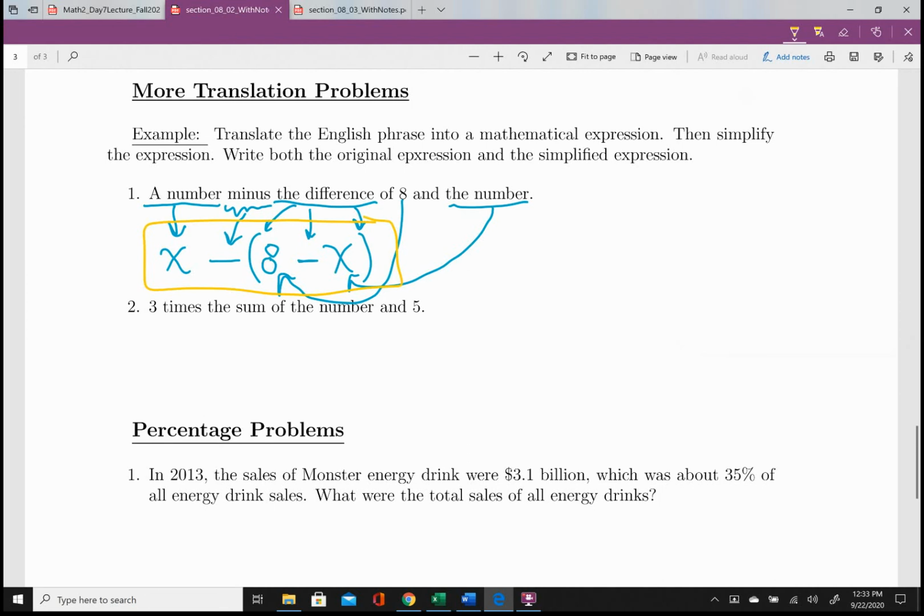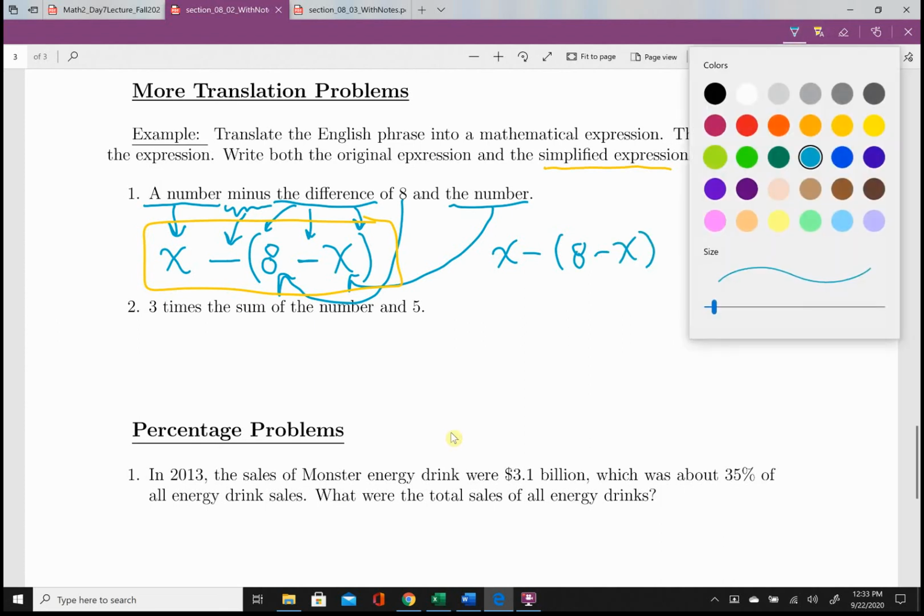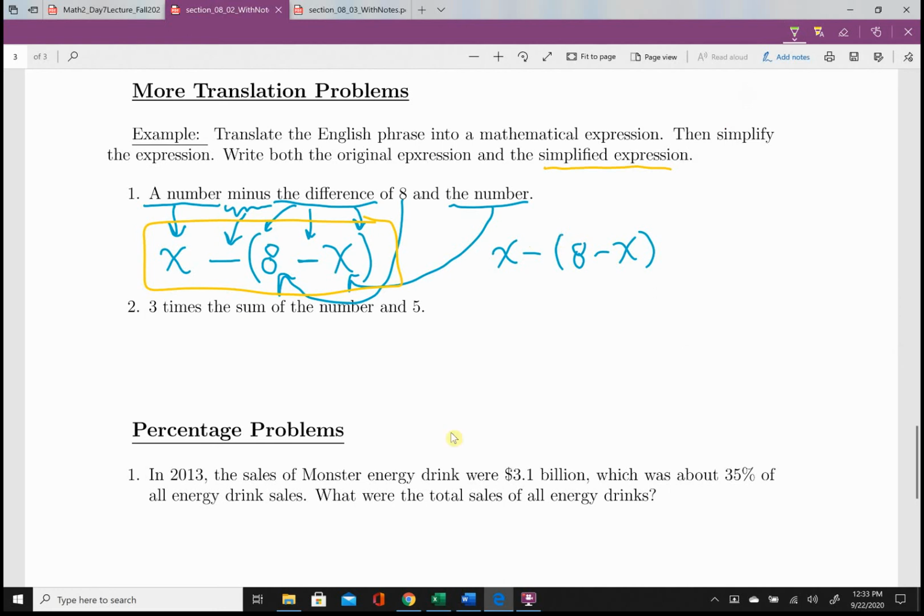that first direct translation. And then, of course, we need to come up with the simplified expression, which is to say, I'm going to go ahead and rewrite the expression 8 minus the quantity 8 minus x. In regard to simplifying, we need to distribute through this negative sign, changing the sign and operation of everything inside of the grouping, which will give us x minus 8, and then now plus x.